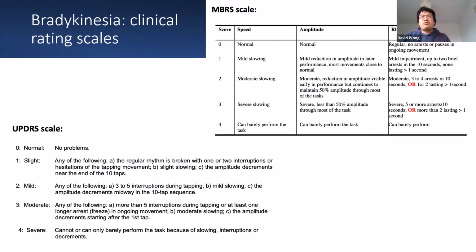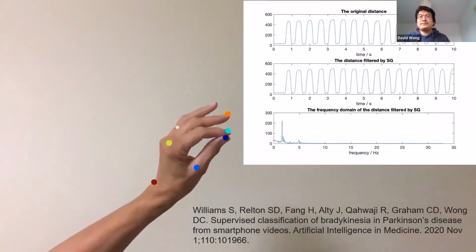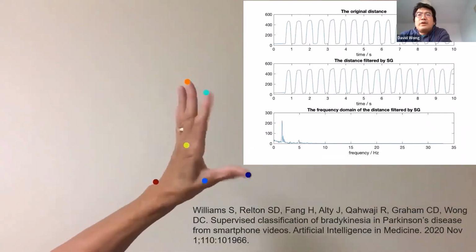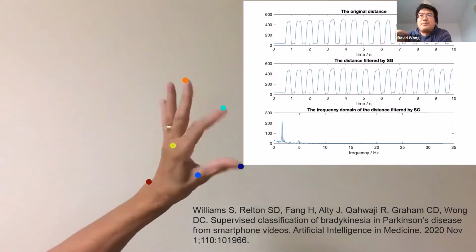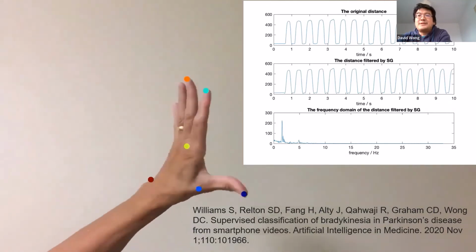And then there's a more refined score called the modified bradykinesia rating scale, which is specific to bradykinesia, and that just splits up the scoring into these 3 components, for speed, amplitude, and rhythm, and gives them each a score between 0 and 4. And we've tried a couple of approaches to objectively assess these components, rhythm, amplitude, and speed.